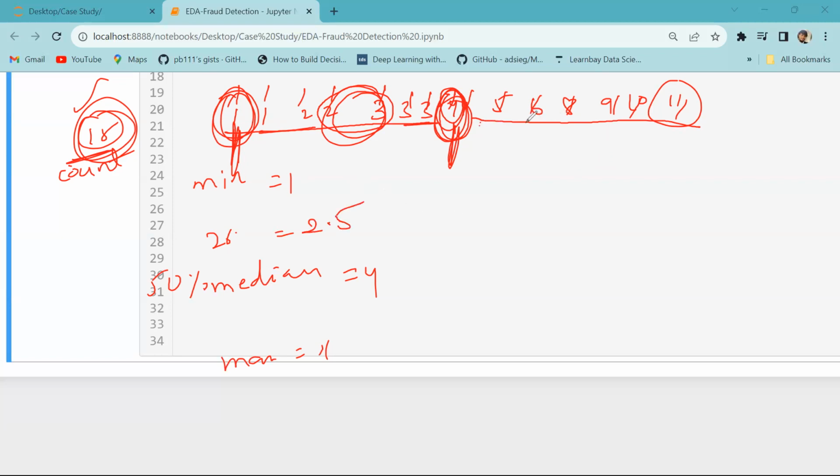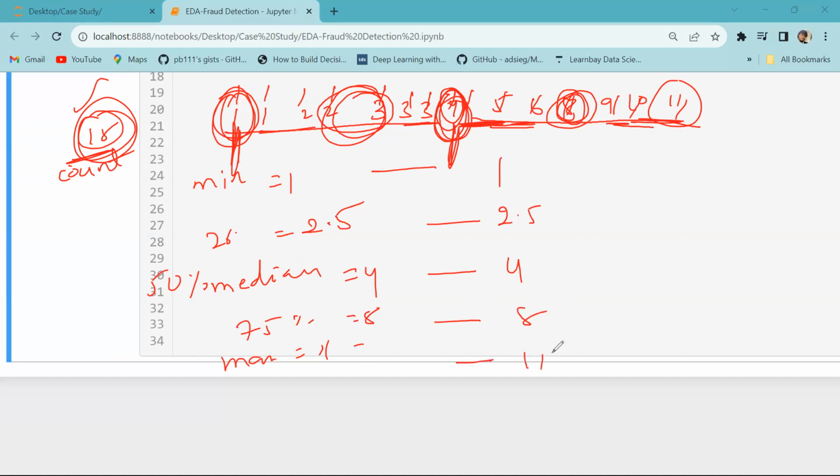And coming to this one, this 3 and 3, and this is 8. So the 75th percentile of the data could be 8. One more time: the 25th percentile is 2.5, the median is 4, the 75th percentile is 8, and the max is 11.